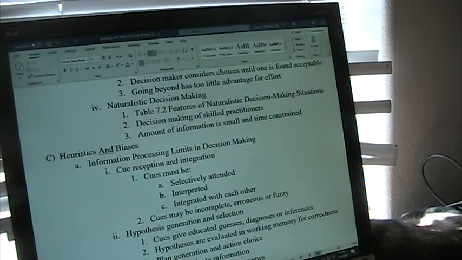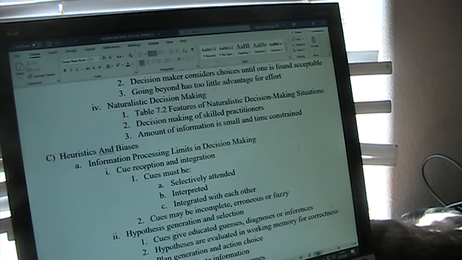Multiple shifting and/or competing individual and organizational goals. All right, so we want to be sure that we are keeping up with what the goals of the individual situations as they evolve require. Time constraints or time stress.